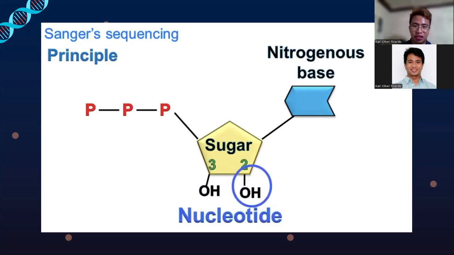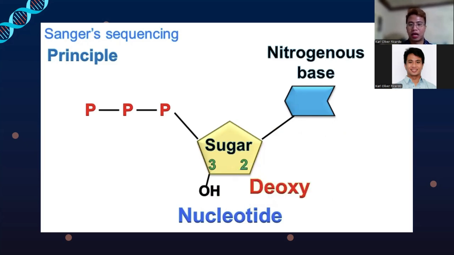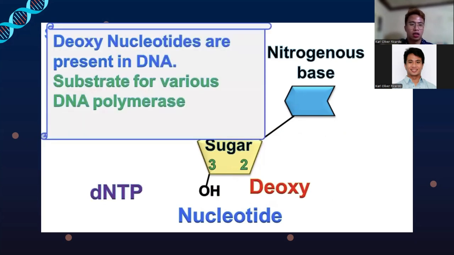And then if the hydroxyl group at the 2' end, sa baba po, if mare-remove po yung isa, then it is called a deoxynucleotide.